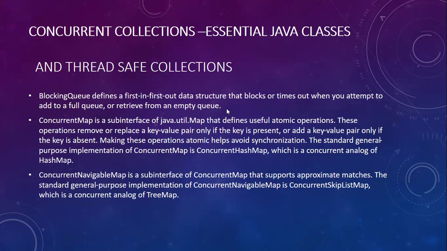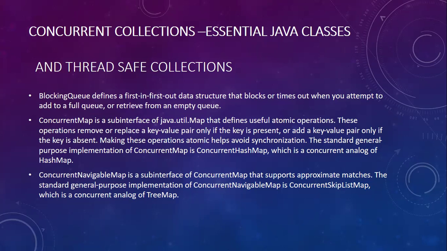Majorly we use this class when you want to implement the producer-consumer pattern. So you should understand what the producer-consumer pattern is, and how a blocking queue works. The blocking queue helps us for this particular reason.